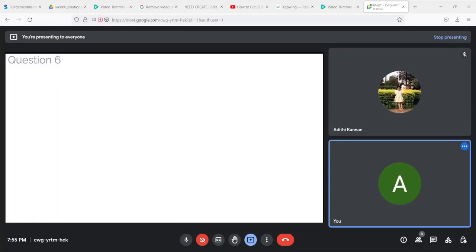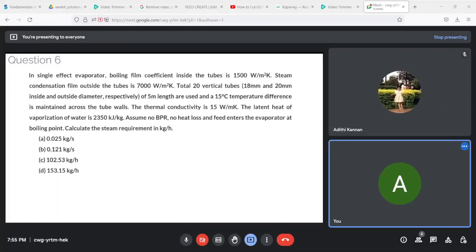Okay, moving on to question 6. In a single effect evaporator, the boiling film coefficient inside the tube is 1500 watt per meter square Kelvin. The steam condensation film outside the tube is 7000 watt per meter square Kelvin. There are a total of 20 vertical tubes, 18 millimeter and 20 millimeter inside and outside diameter, and 5 meter length, and a 15 degrees Celsius temperature difference is maintained across the tube walls.